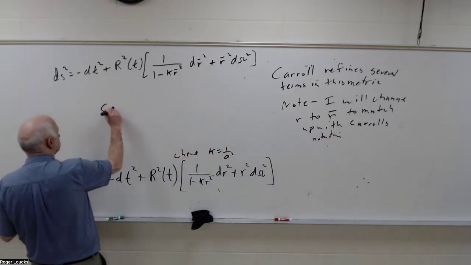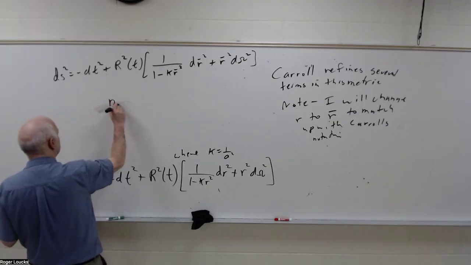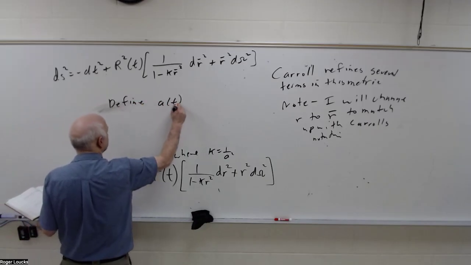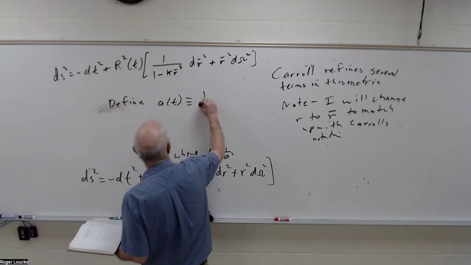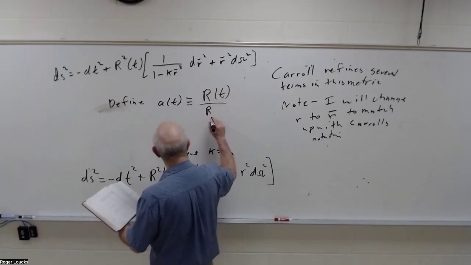He's going to define A of t to be, by definition, R of t over R0 here.